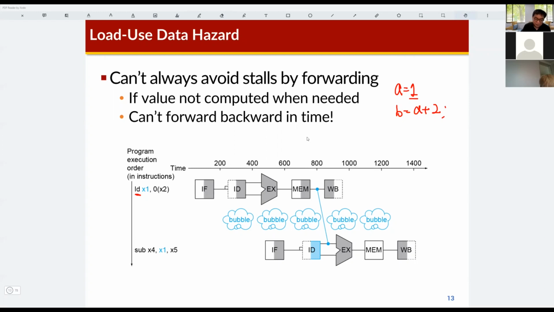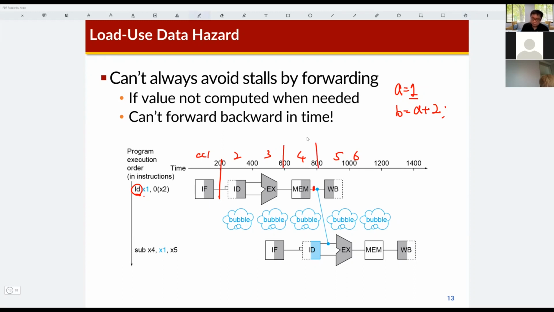So in this example, we have CC 1, 2, 3, 4, 5, 6. When this load instruction is executed, the data is read at this point, because the data should be read from the data memory here at CC4.